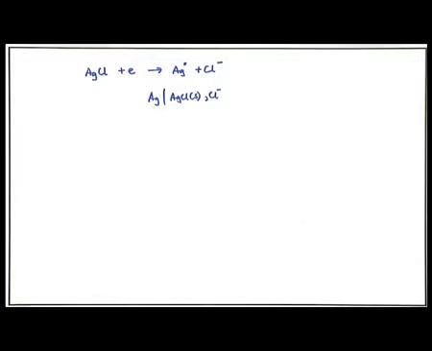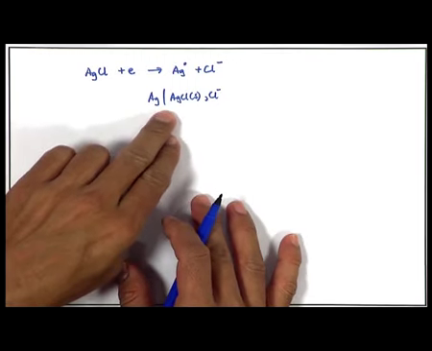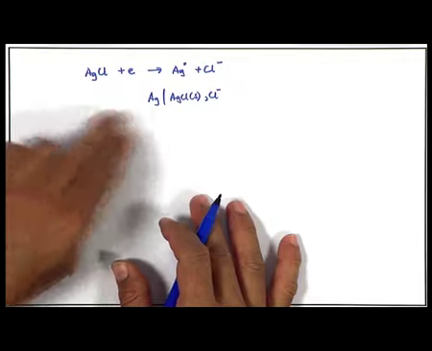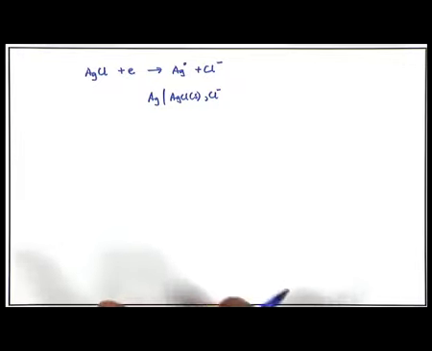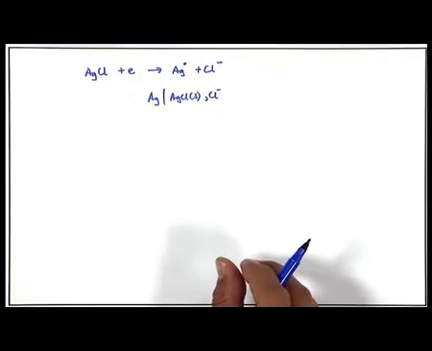Depending on its reduction potential, it has to be put on the left hand electrode or on the right hand electrode, so that the overall cell potential is positive, and as a result the overall cell reaction is spontaneous.